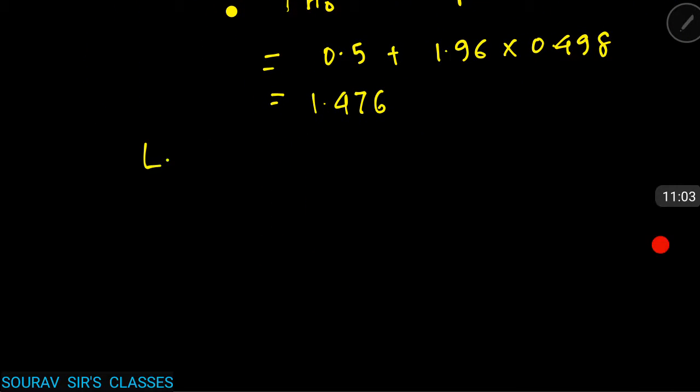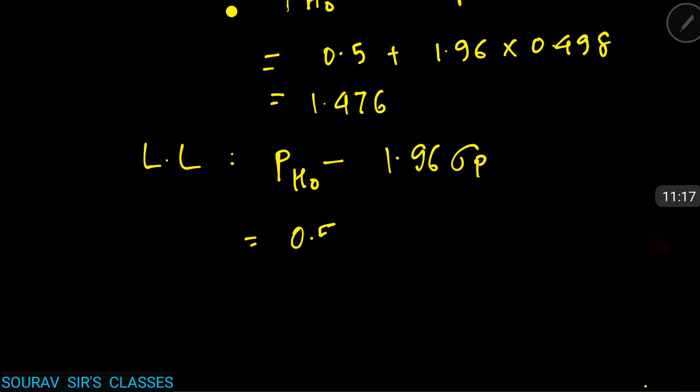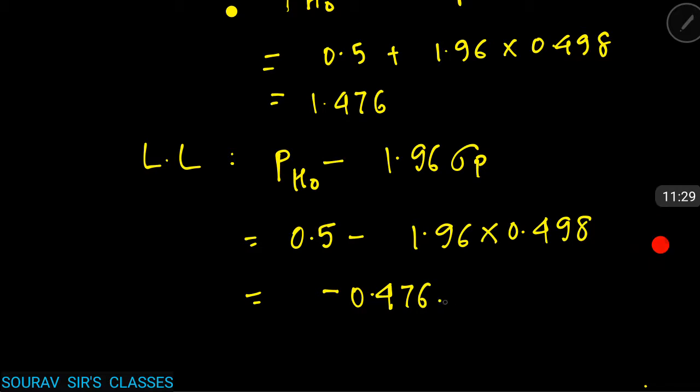The lower limit LL is P of H0 minus 1.96 sigma P, equal to 0.5 minus 1.96 into 0.498, which is equal to minus 0.476.